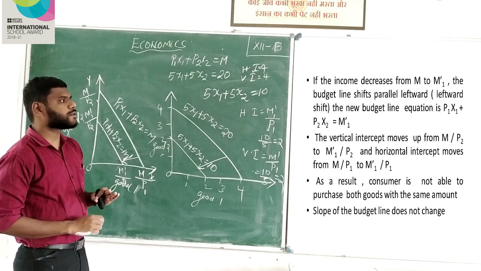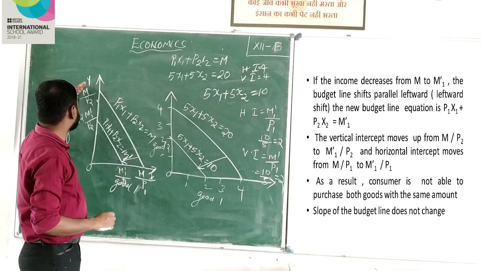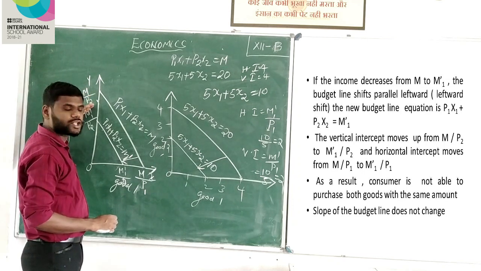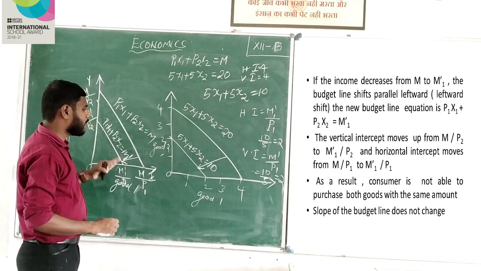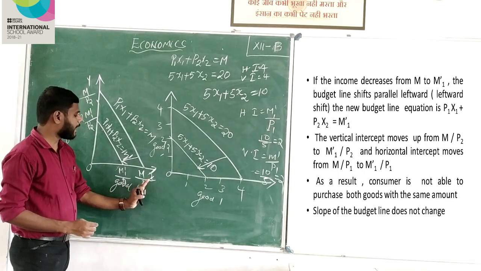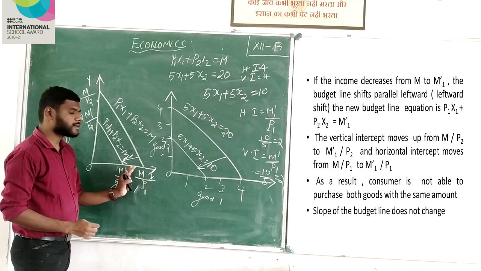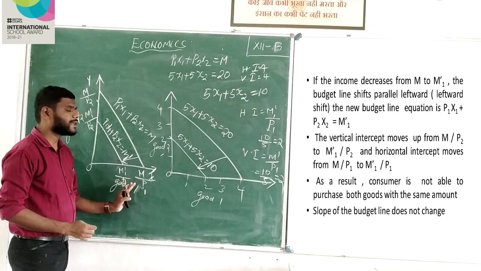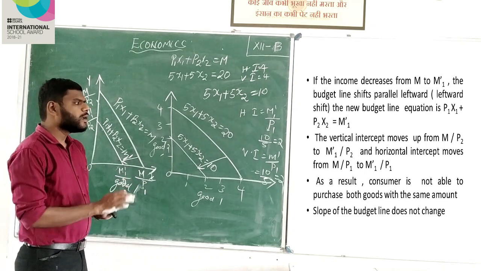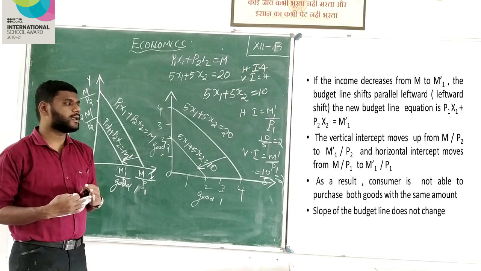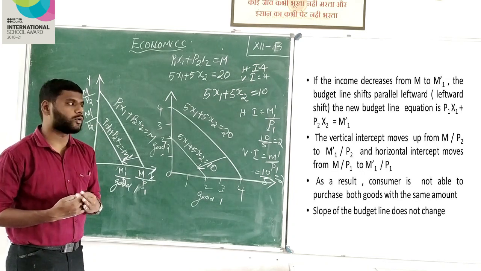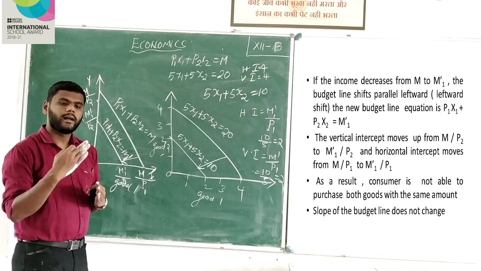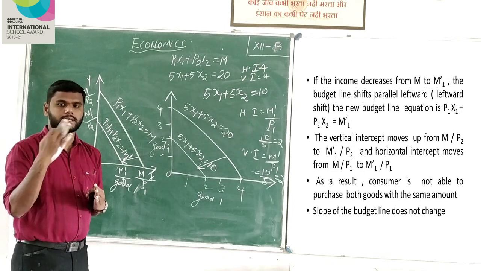The vertical intercept moves from M1 divided by P2 to M dash 1 divided by P2, and the horizontal intercept moves from M1 divided by P1 to M dash 1 divided by P1. As a result, the consumer is not able to purchase both commodities at the same time. The consumer cannot purchase the commodity that he already purchased.